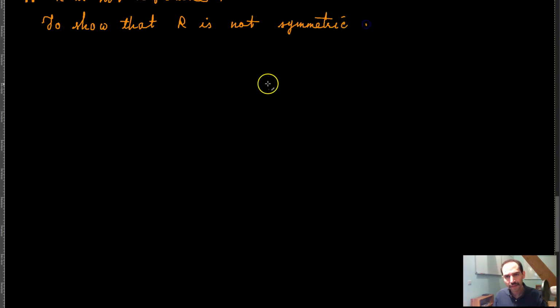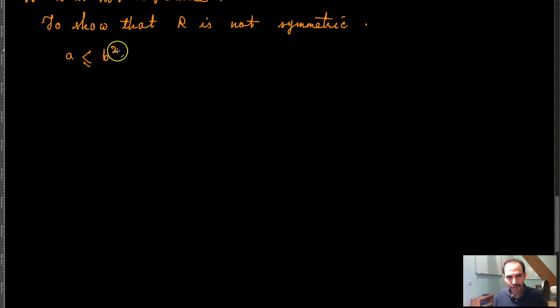In order to show that R is not symmetric, so symmetric means that suppose that there is some, basically we said that the condition was that a is less than or equal to b squared, meaning that if I take some a and b, let's say, for example, b as square root of 9.